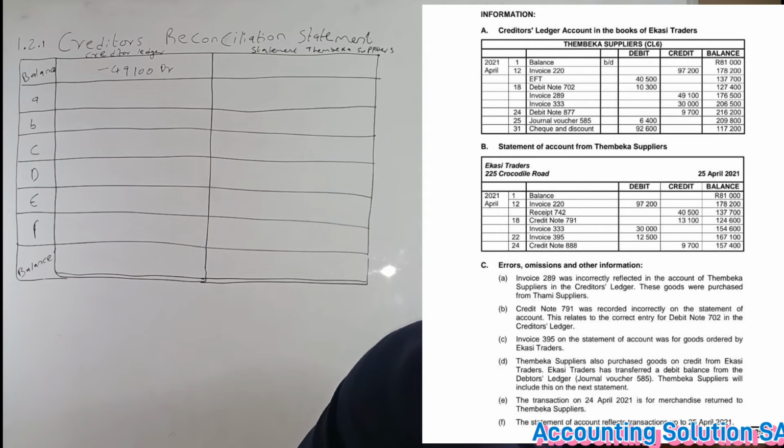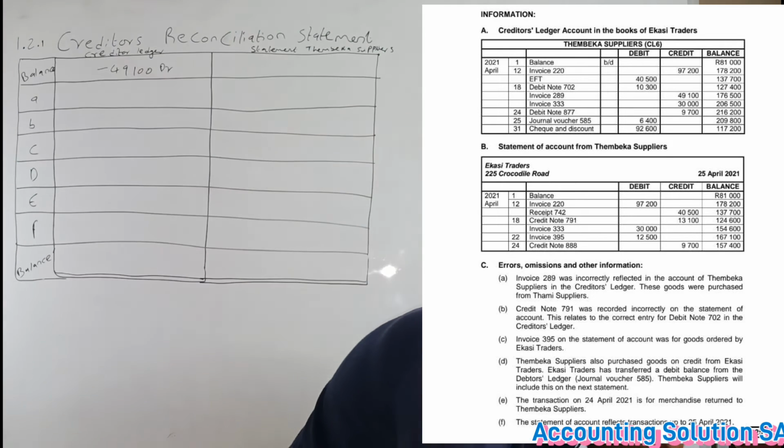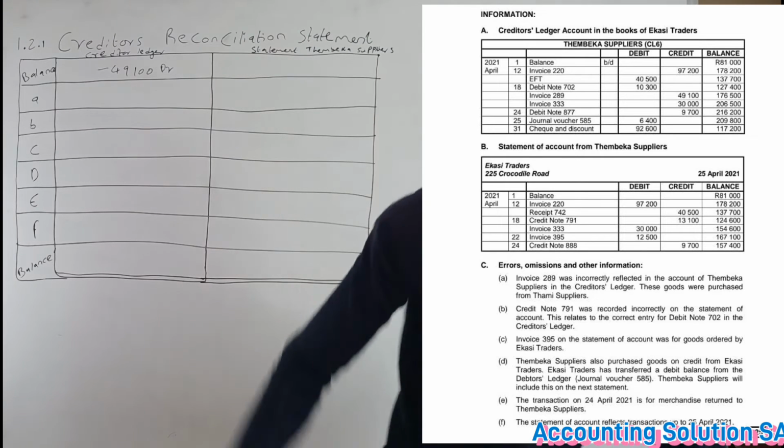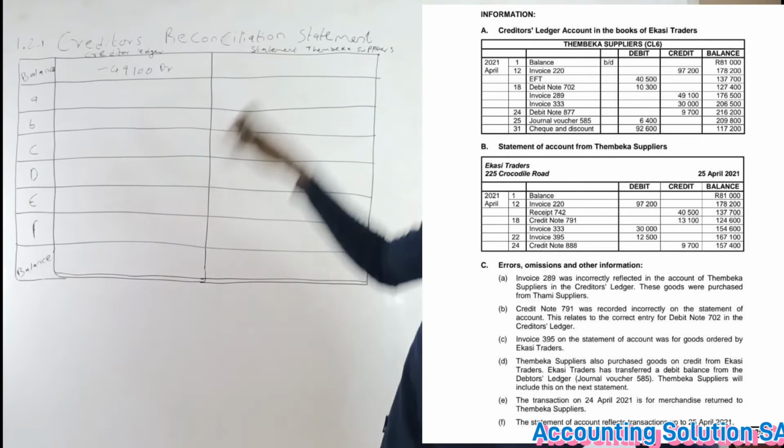Under the statement of account, it is an amount of 13,100 on the credit side, and they stated that this amount is incorrect, and that it is related to the correct amount of 702 of the debit note under the ledger account. 702 is 10,300, which means that the correct amount is 10,300, and the statement of account is incorrect, so this is the side that we are going to correct.